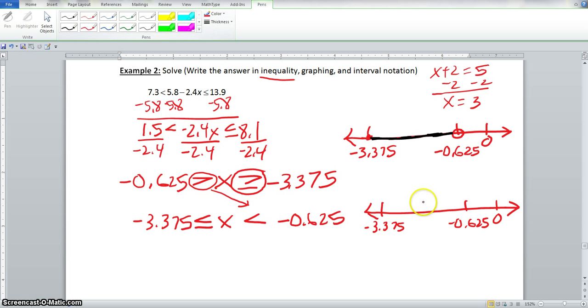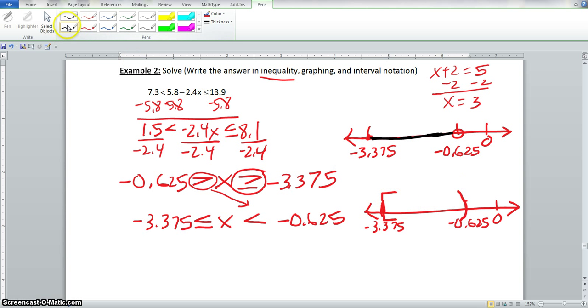Now, we go down here. Now we're going to use the brackets and parentheses. So with this negative 3.375, since it's less than or equal to, we will use a bracket here. And then since this negative 0.625 is not equal to it and not included, we will use a parenthesis here.